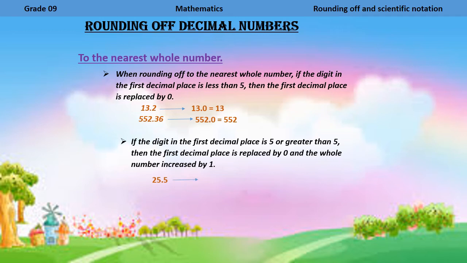Then 5 is the digit in the first decimal place and it's replaced by 0 and we have to add 1 to the units place. Then answer is 26. 138.93. 9 is greater than 5. Then we have to increase the whole number by 1. Answer is 139.